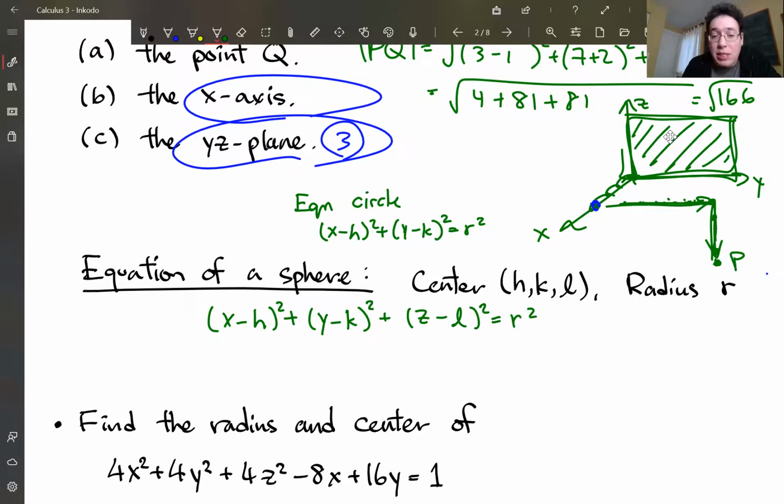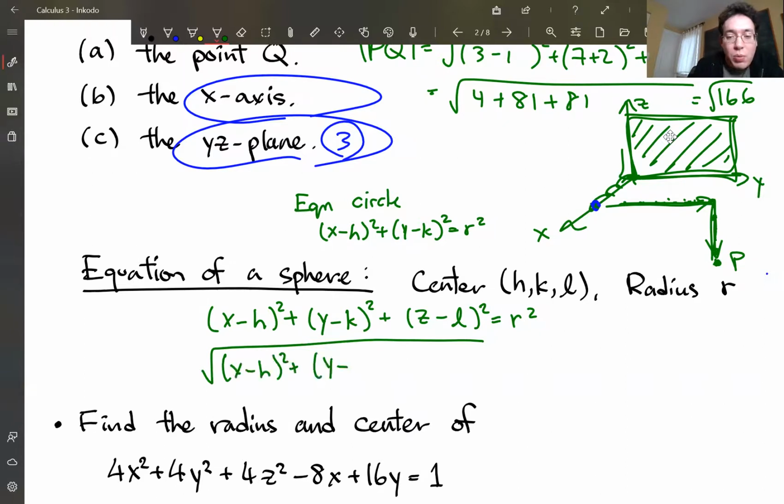So (x minus h) squared plus (y minus k) squared plus (z minus l) squared equals some radius r squared. And you could get to this formula by looking at the distance formula, right? So we know the distance formula looks just like this.